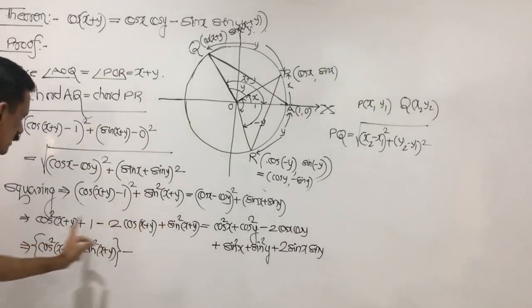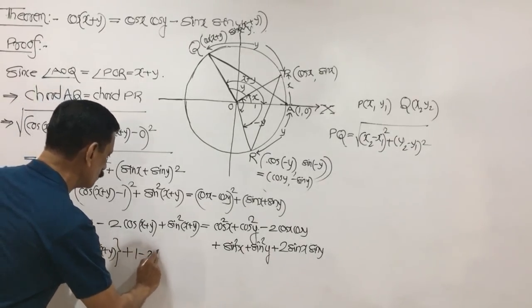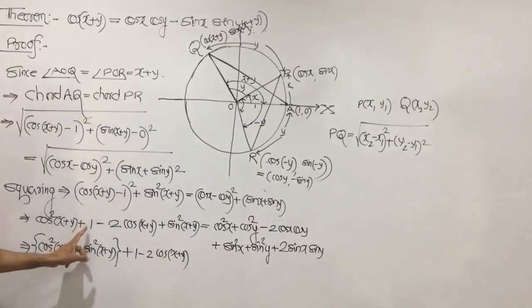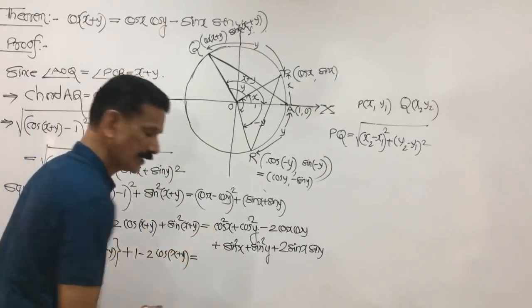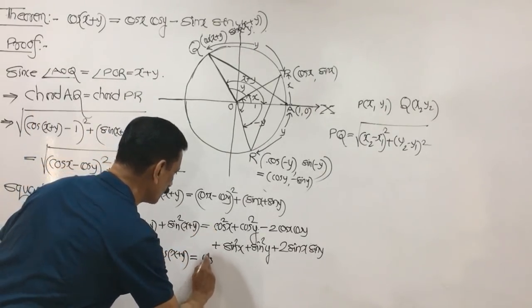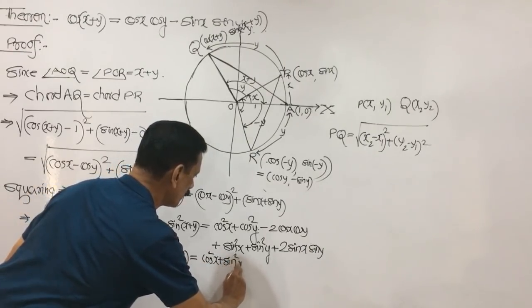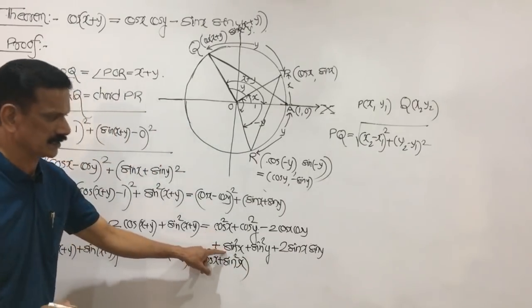Okay, this and this I have written together, plus 1 minus 2 cos of x plus y. Look, here this is plus 1, this is minus 2. After that my dear friends, I write these two together. Listen carefully. Cos square x plus sin square x. I hope you understand these two together I have written.